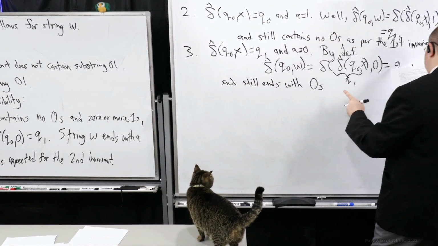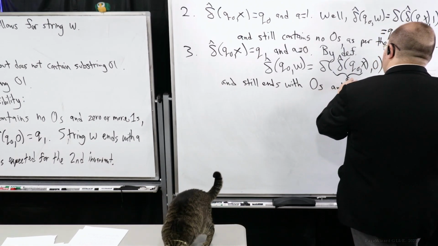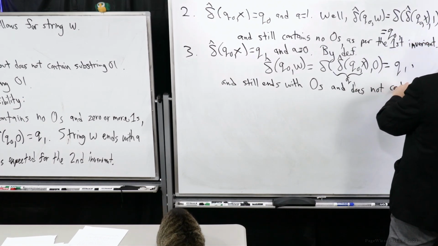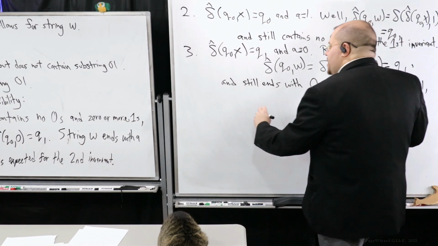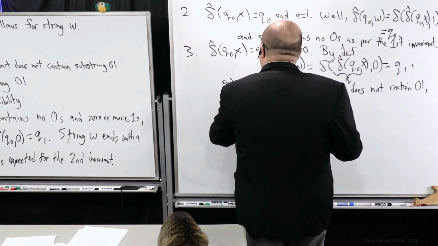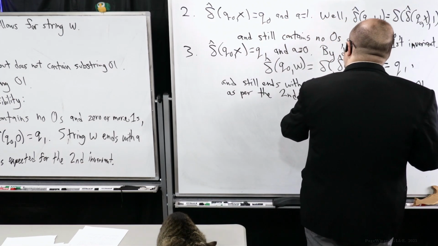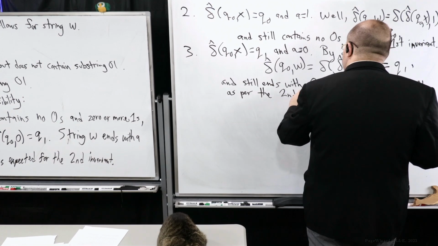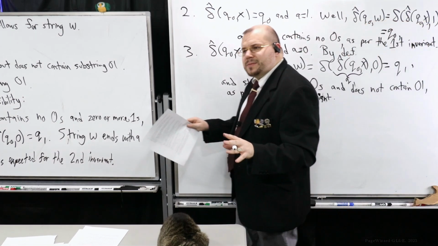It ends with a 0 and does not contain 0, 1, right? As per the second invariant.